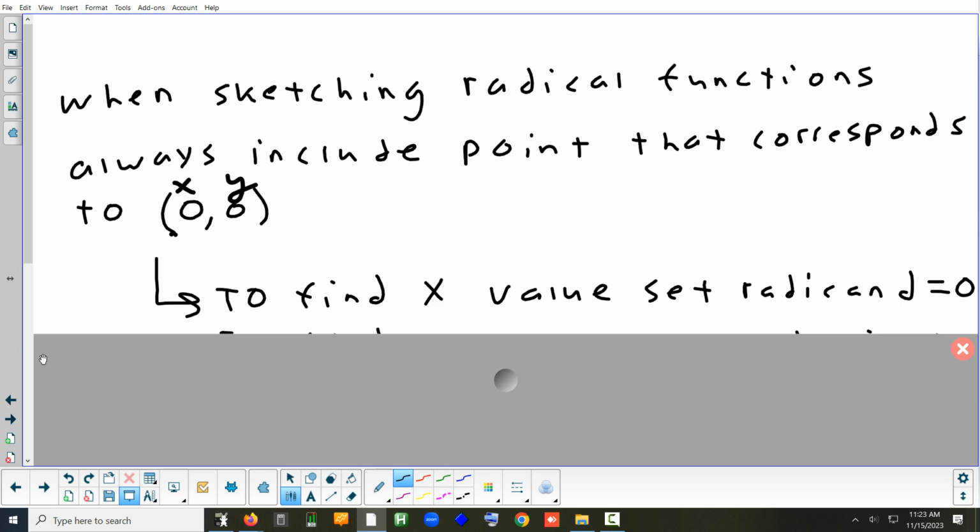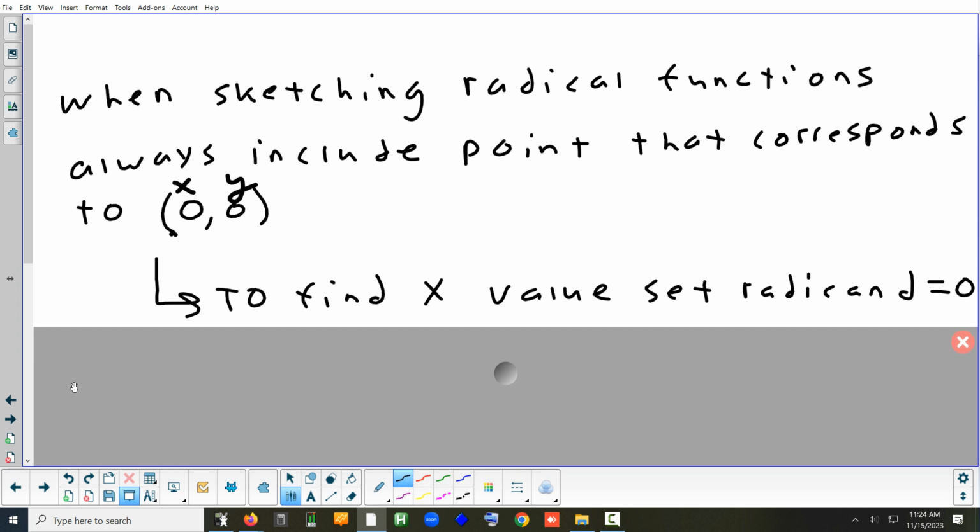To find the new x value of your start or your center, depending on whether you're doing even or odd roots, set the radicand equal to 0 and solve it.